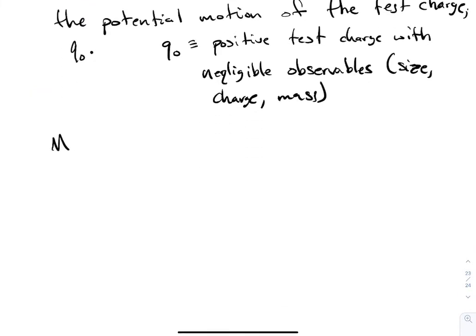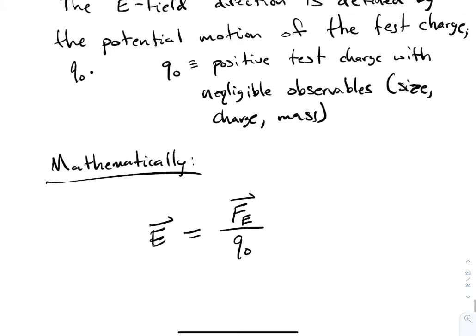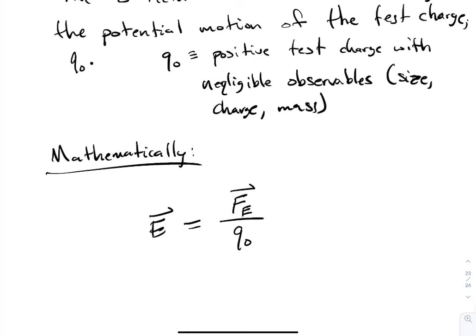So we're going to say mathematically, we have an electric field equal to the electric force divided by our test charge. I'm not going to define Q sub O again. It's defined right here. I'm not going to rewrite that.